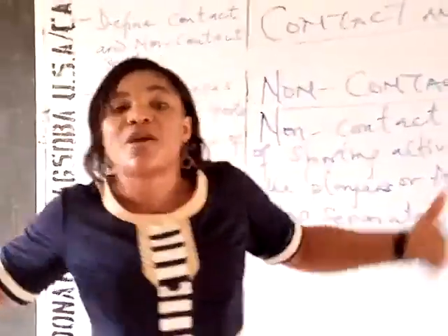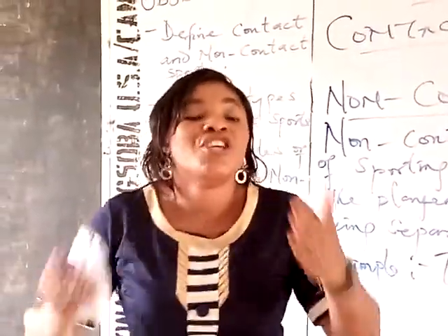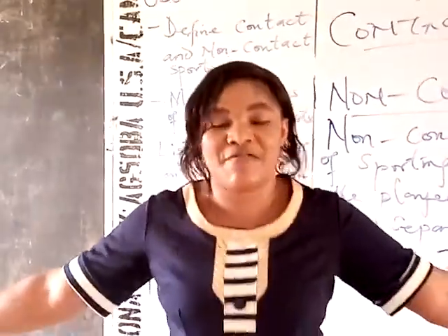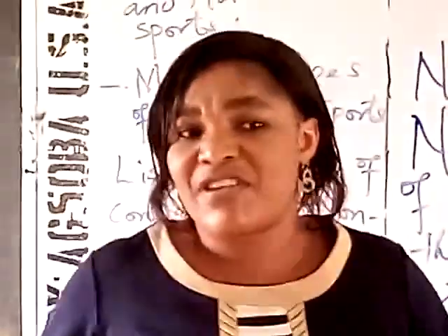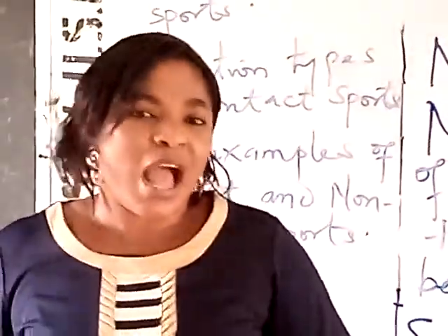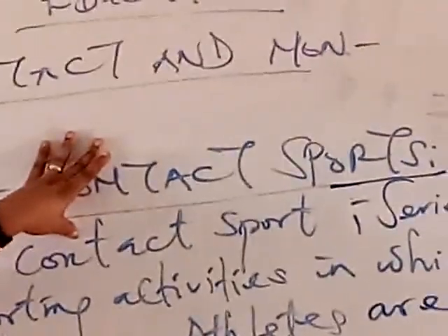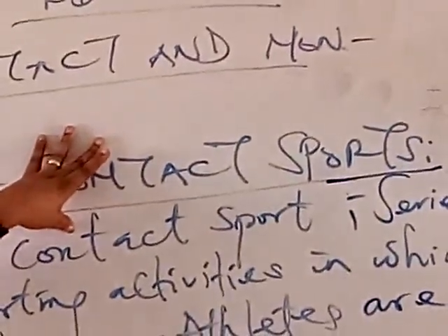Your opponent is going to mind his own side of the table. By so doing, you have been separated physically. And so, there is no way you're going to have bodily contact with one another. And by so doing, such activities are being referred to as non-contact sport. Am I communicating?